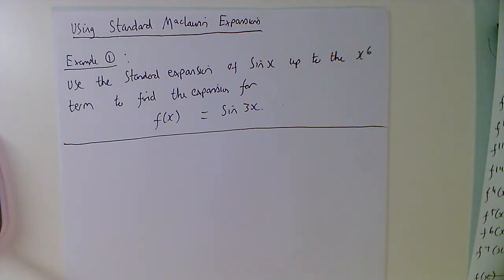Okay, now those standard Maclaurin expansions are in the book. There's a table of them. But I think there's 5 in the table, but I'm only interested in those 4.